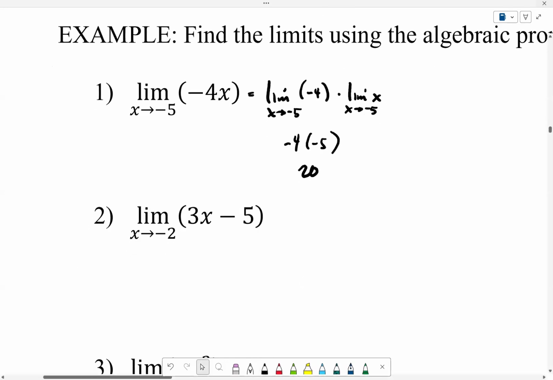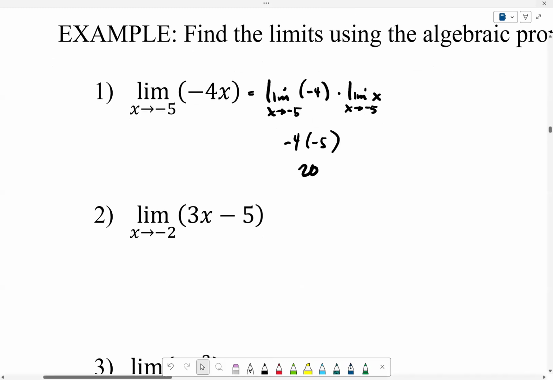So no calculator necessary. You don't have to type in -5.00001 or -4.999995. You just do it like this. Next one, you see what we're going to do first? Actually, a couple of steps here. We could rewrite this as the limit as x approaches -2 of 3x minus the limit as x approaches -2 of 5.